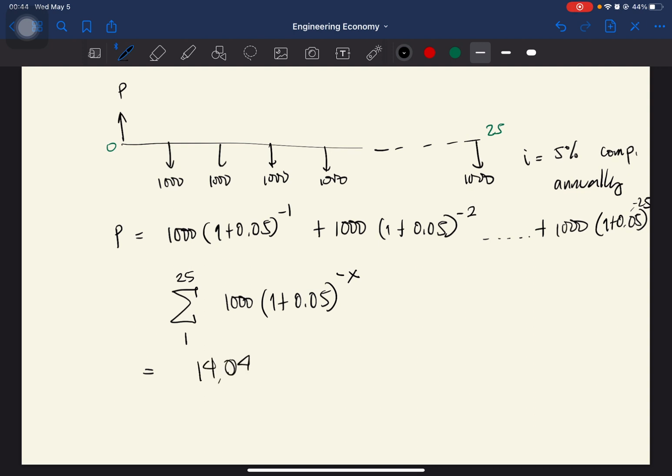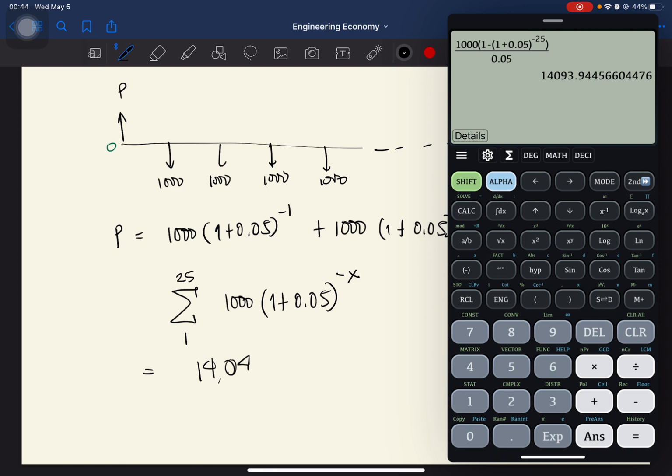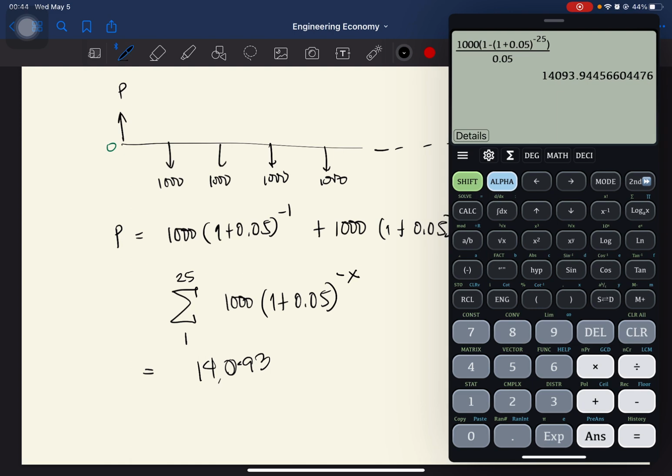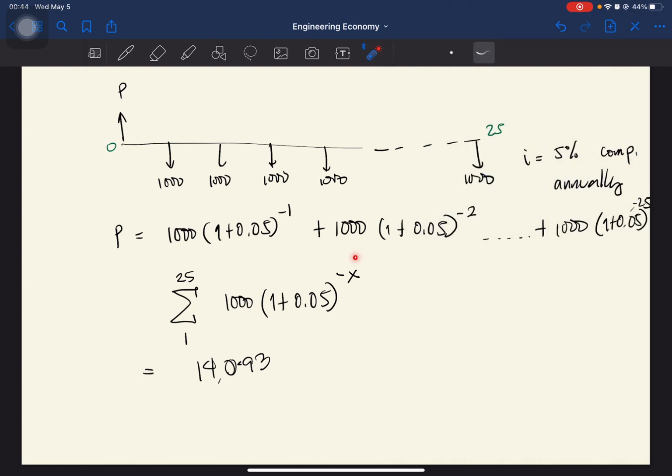Ang problema lang dito is that ang kaya lang isolve nito is yung mismong present worth and yung future worth. Of course, kung future worth yan, hindi negative to. Kasi ang gagawin mo, iaabante mo sila lahat. Diba? So, magiging positive ito. Kasi mag-aabante ka eh. Ang problema lang nga nito is, if you are looking for P and you are looking for F, this is useful.